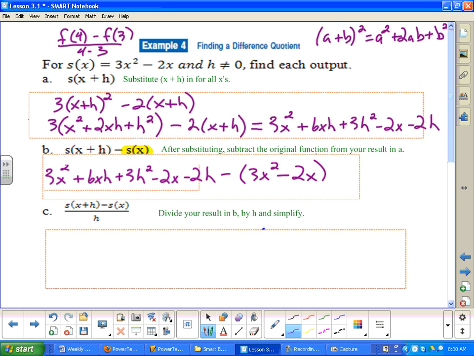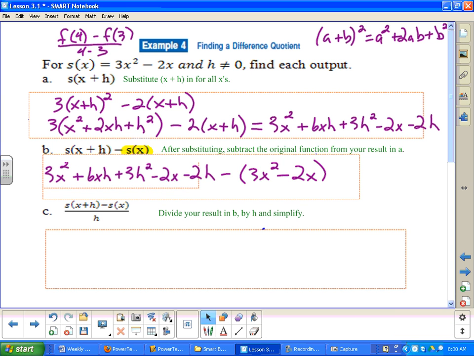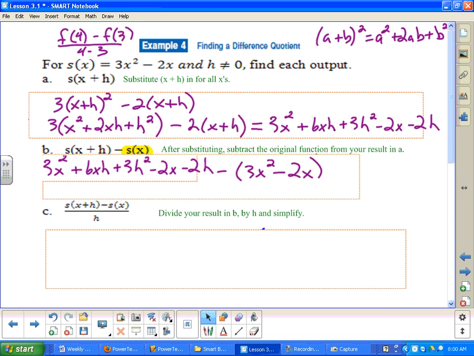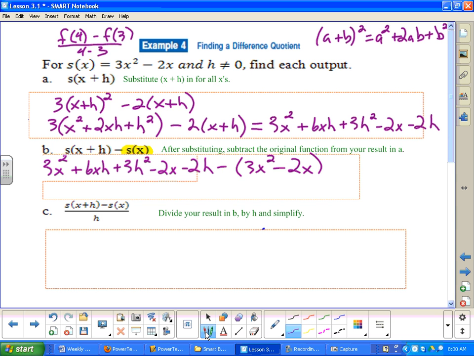Now, the nice thing about this is that when you subtract the function itself, it gets rid of everything that does not have an h in it, if you've done it correctly. So when I distribute the negative sign, I get negative 3x squared plus 2x.